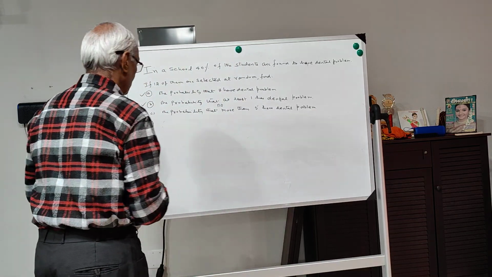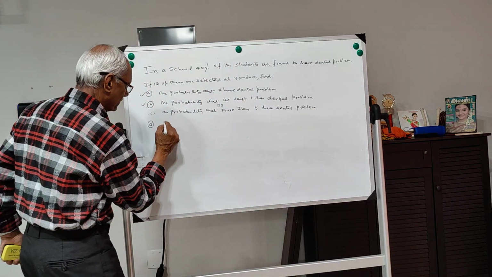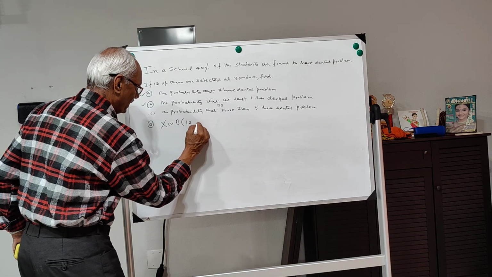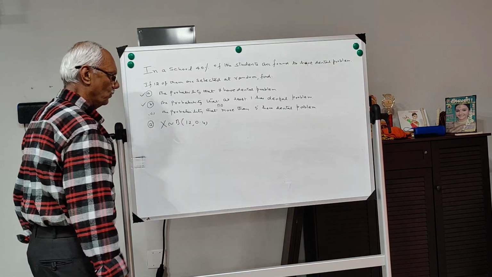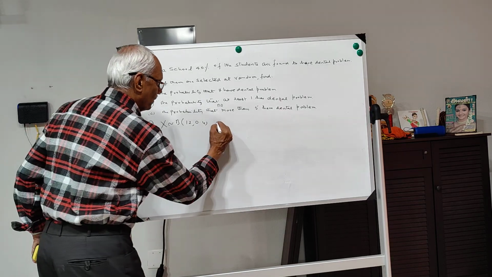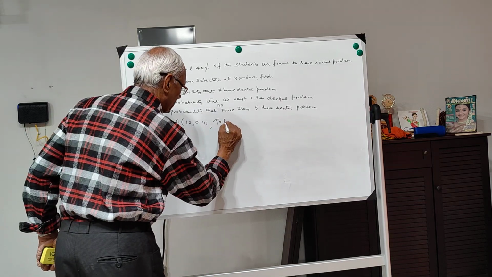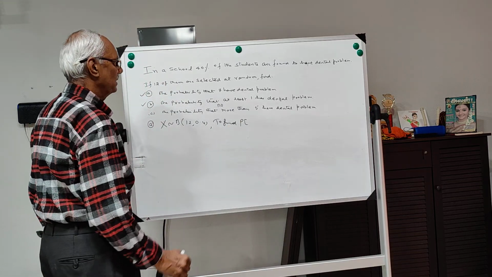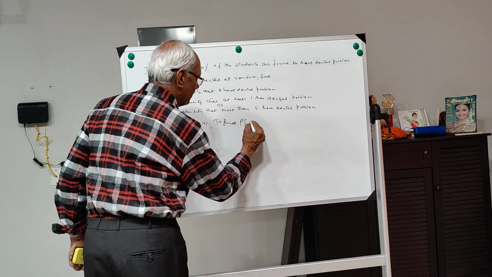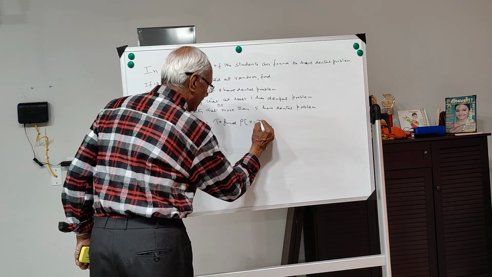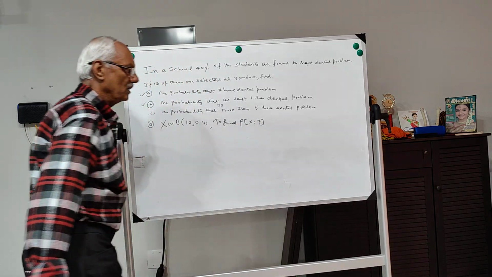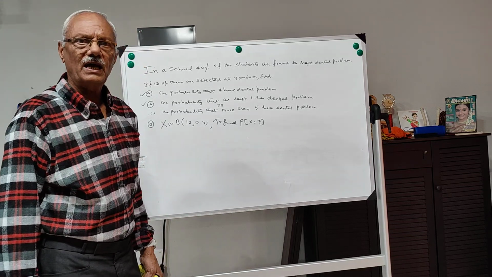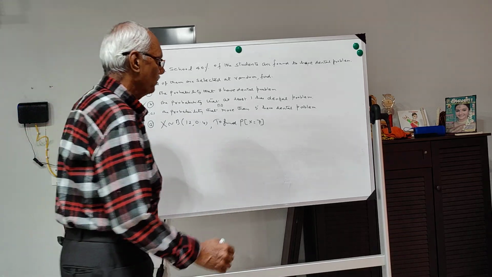X follows B of 12, 0.4. To find the probability of 7 students to have dental problem, that means X equal to 7. So here what is asked? Probability of 7 students to have the dental problem.